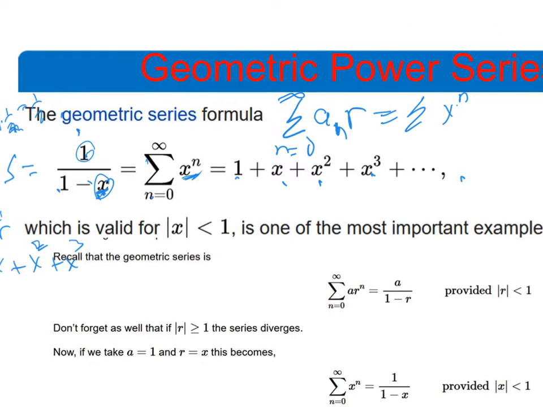Well, plug in your first one. Plug in x is 0. n is 0. x to the 0 is 1. x to the 1 is x. x to the second is x squared. So I'm missing my exponent right here, r to the n. a sub 1, r to the n.